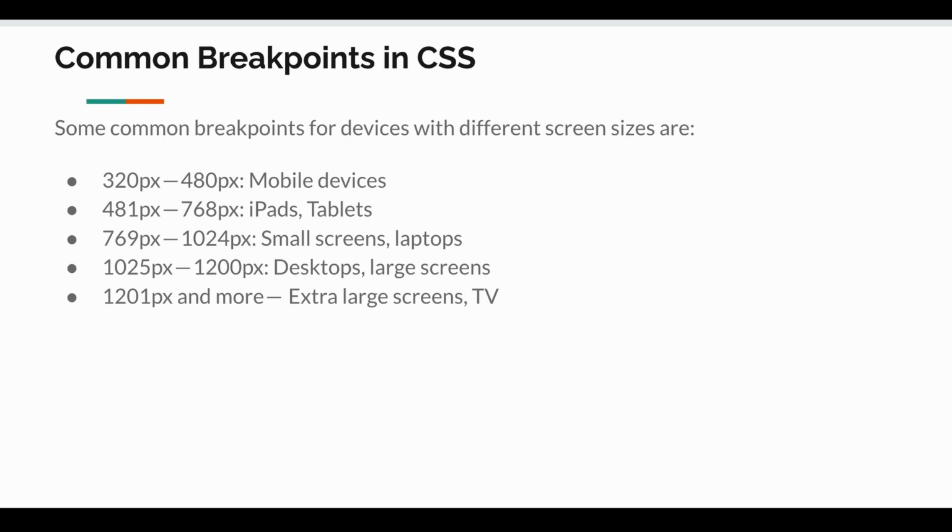For mobile devices, most of them are within the range of 320 pixels to 480 pixels. Then iPads and tablets are within the range of 481 to 768 pixels. Small screens of laptops are between 769 and 1024 pixels. Desktops and large screens start from 1025 pixels to 1200 pixels. Then extra large screens like TVs start from 1201 pixels and more.